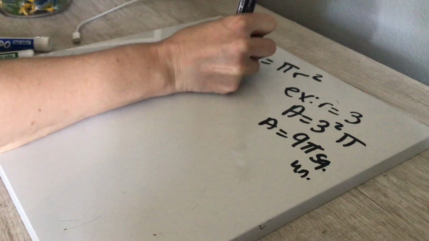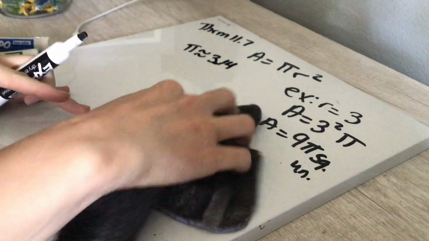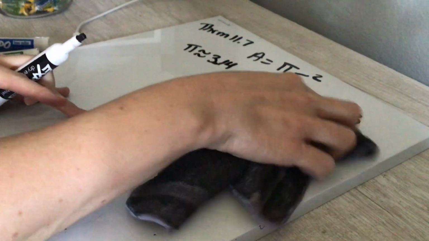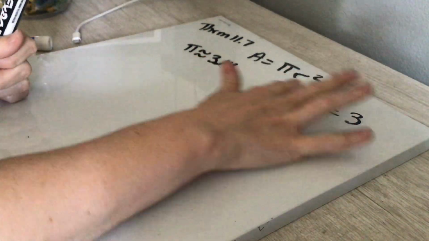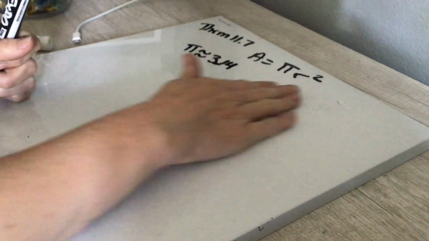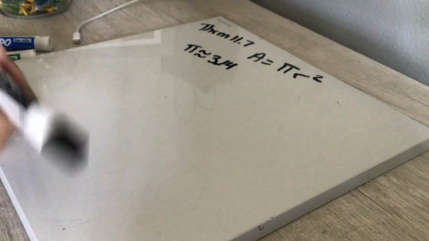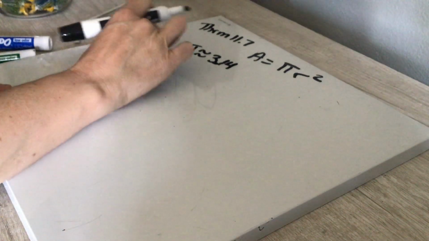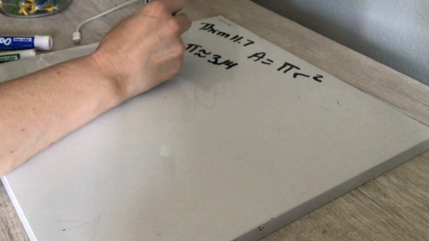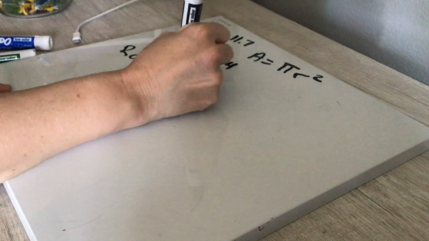This is just going to give you an approximate answer. It's not going to give you an exact answer, okay? That's why for me, I like it in terms of pi. Okay, so to find the area of a circle, just take the radius and square it, and then multiply it by pi. Okay, so radius is going to be 3 meters.